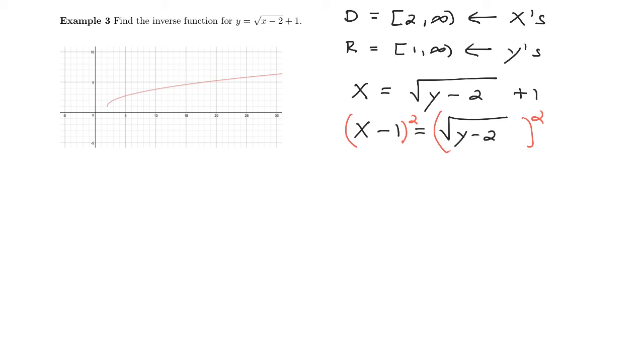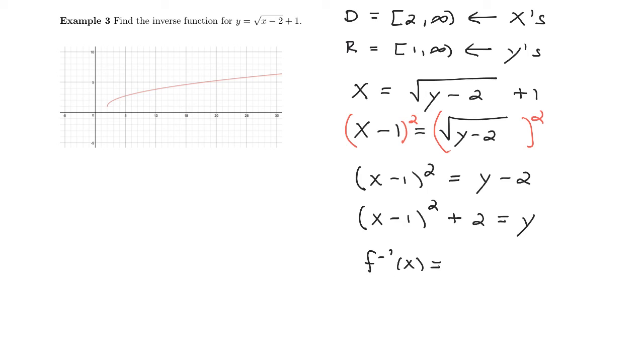On the left, I'm actually going to leave it as x minus 1 squared. On the right, I get y minus 2. I will add 2 to both sides, and I'm at my answer. I get that the inverse function is x minus 1 squared plus 2.